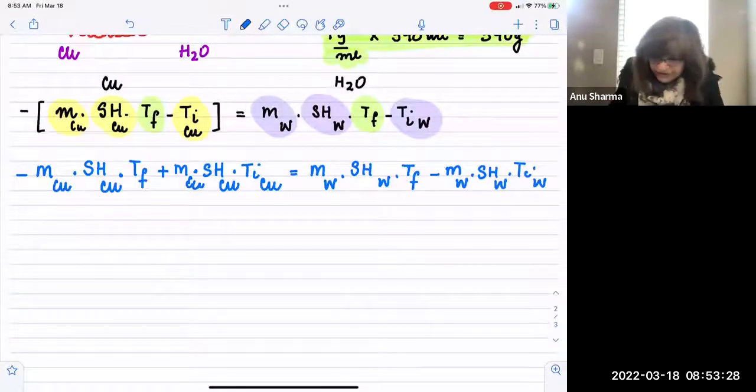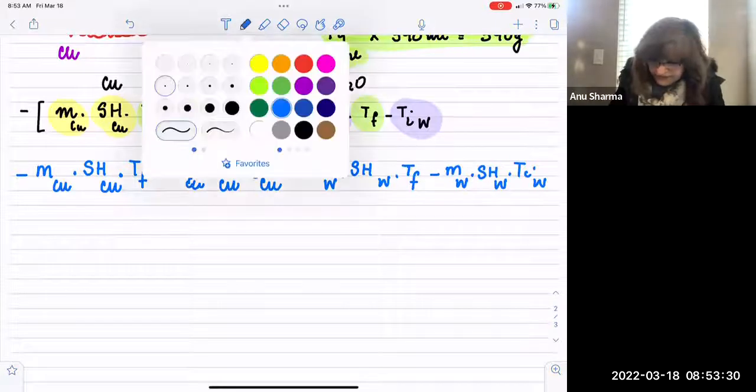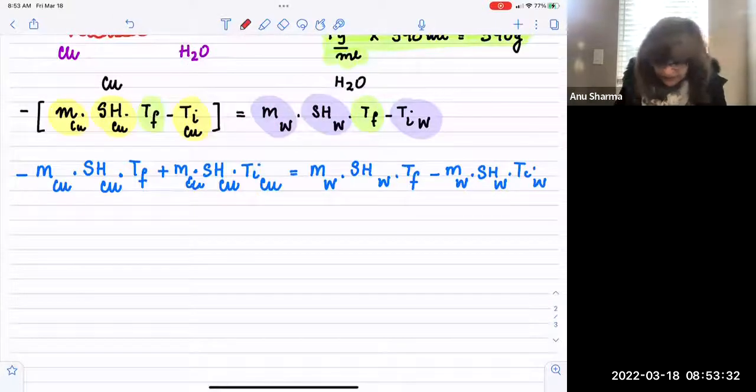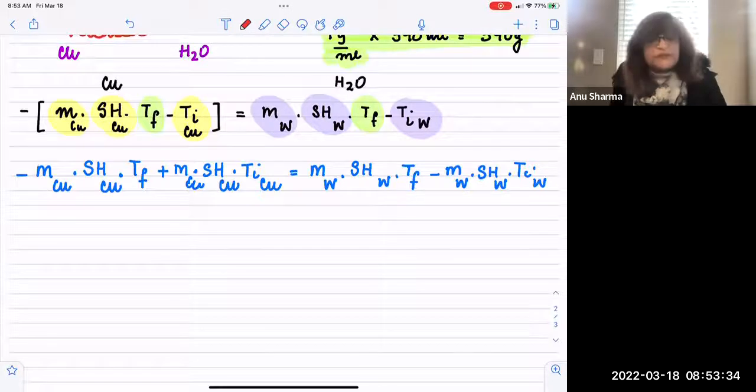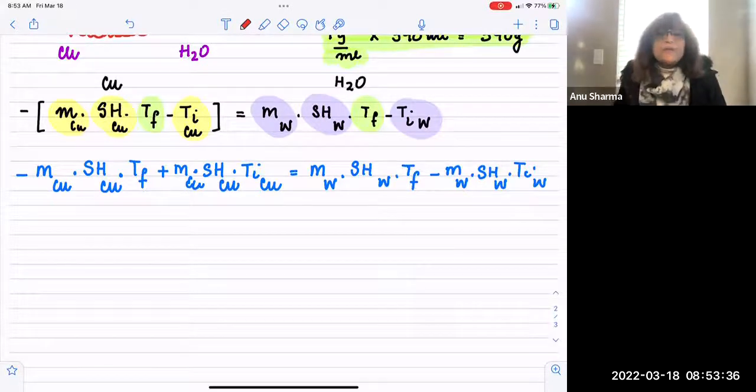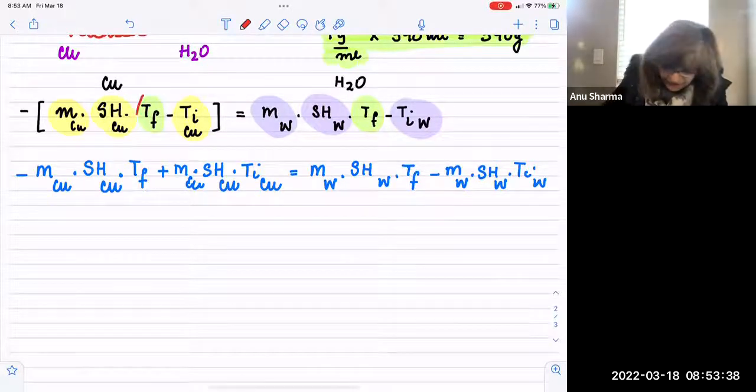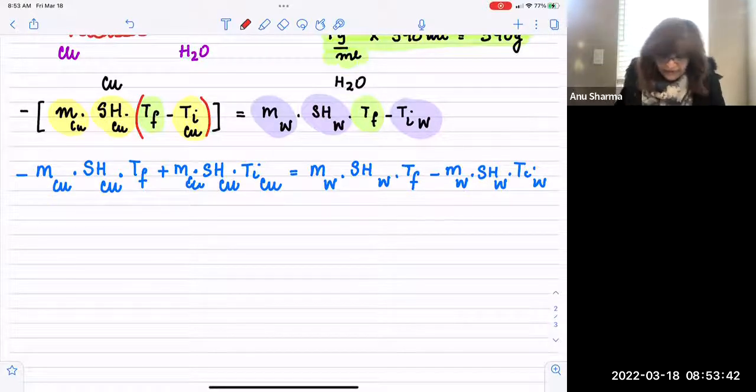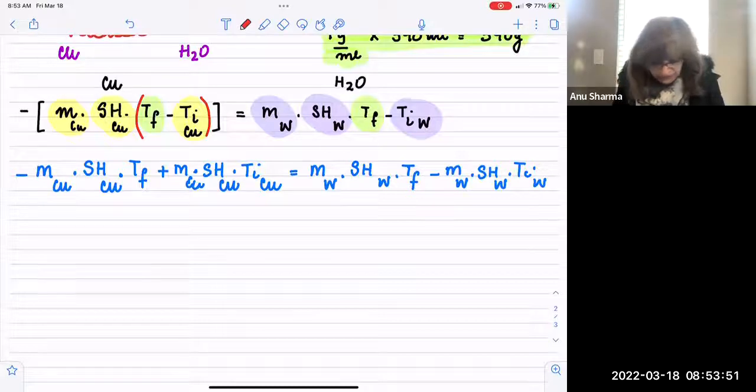As you can see, first we have taken the mass of copper and the specific heat of copper, and we have multiplied that with the T final. And then remember that this is a negative number. So this would be a negative mass of copper times the specific heat of copper times the T final.